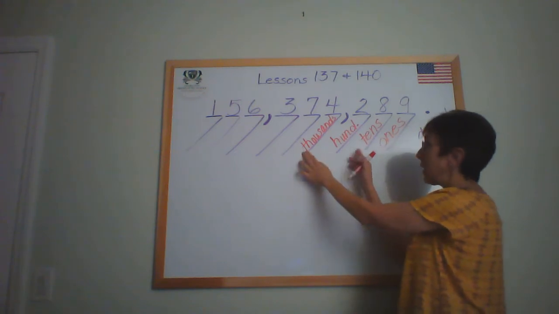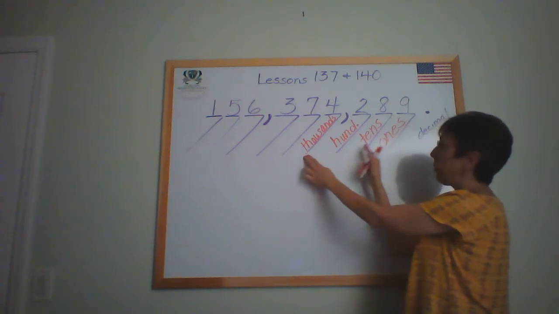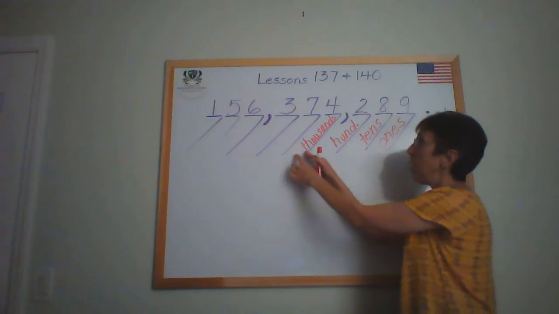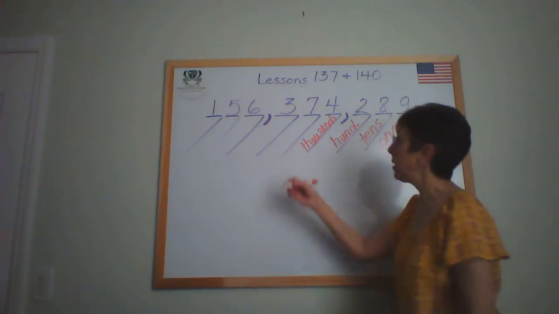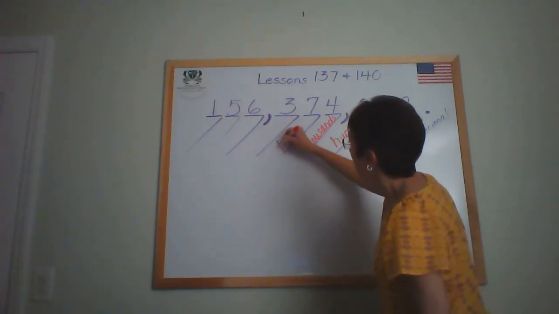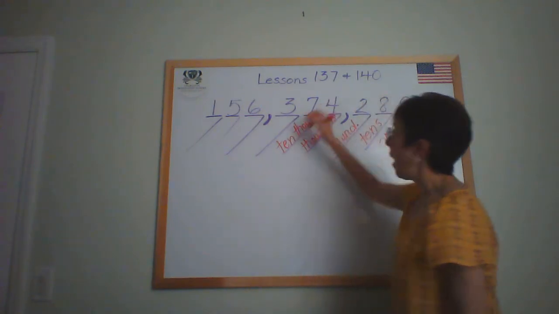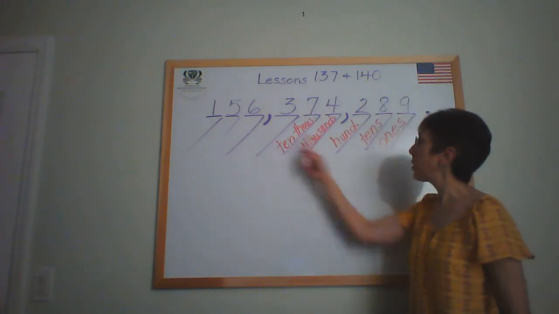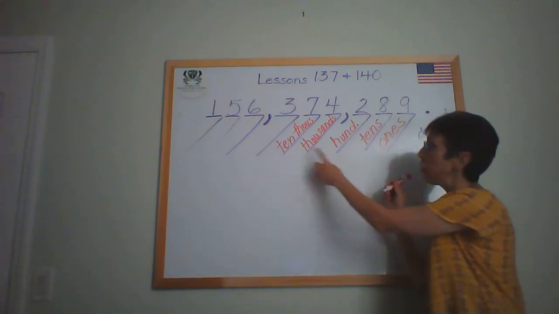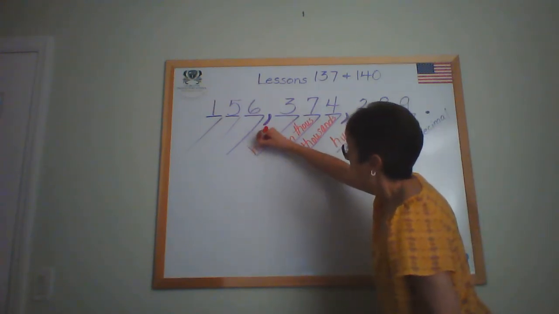You have thousands, and then the next place after the ones here is tens. Well, the next place after your thousands is your 10,000s. And then after the 10,000s place, what comes next? Hundreds. Now it's 100,000s.